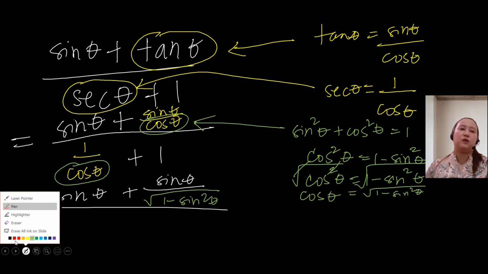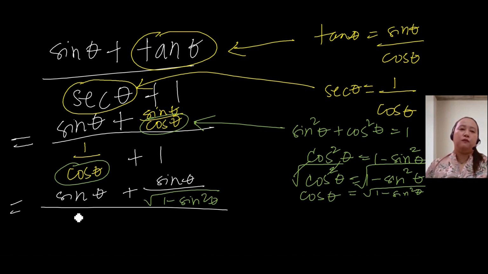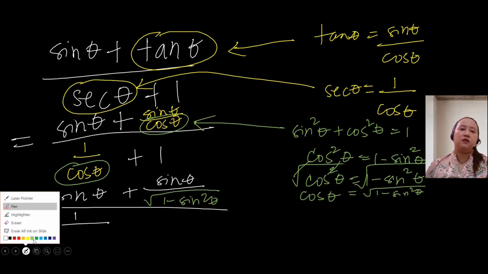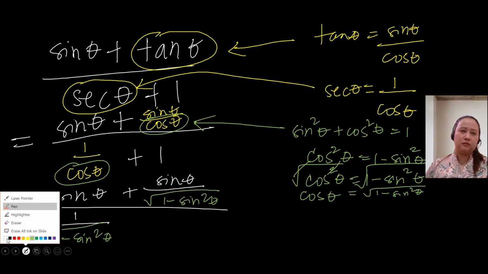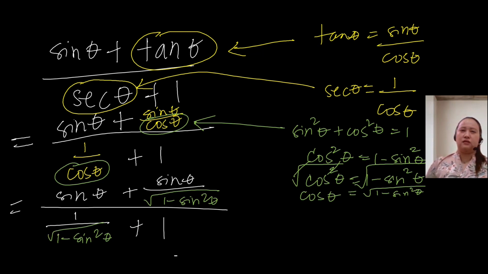Then on the denominator, we have 1 over, so cosine of theta can be replaced by the square root of 1 minus sine squared theta. Then copy the rest, so that is plus 1. That's it. And then the next thing that you need to do is to simplify this.